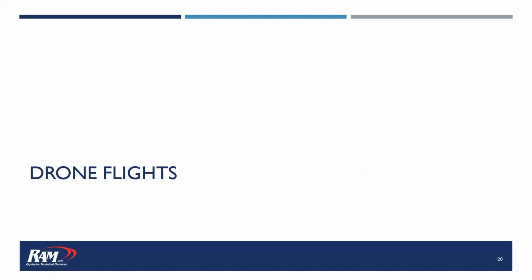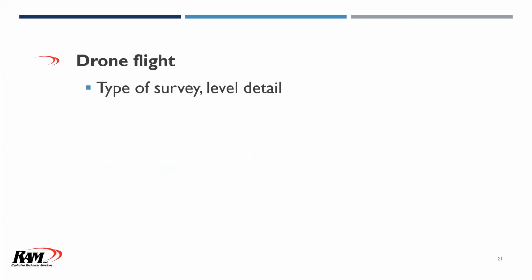So next we're going to talk a little bit about the actual drone flights, and it's critical that we get the flight in properly. We collect the data that we need to be assured that we're going to get a good solid model out of it. But with that, we can look at what level of detail we need.